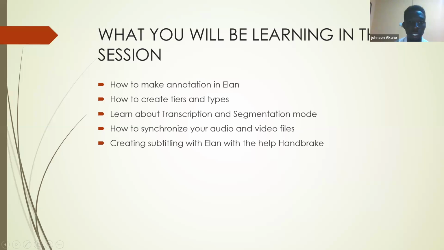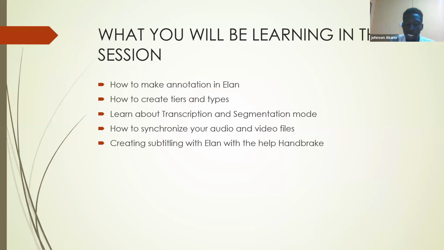So what will you be learning in this session? We'll be learning how to make annotations in ELAN, how to create tiers and types, which we could make as a template. Then we'll learn about the transcription mode, or annotation mode, segmentation mode, how to synchronize your audio and video files, and how to create subtitling with ELAN with the help of HandBrake.